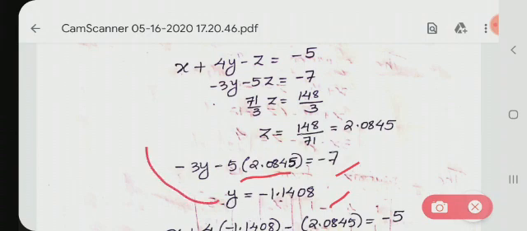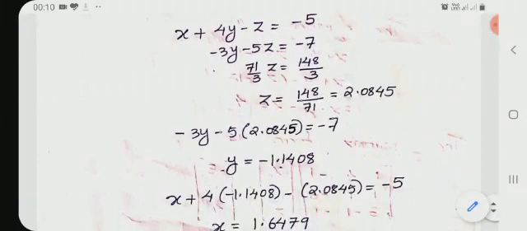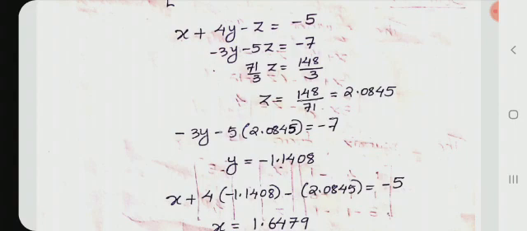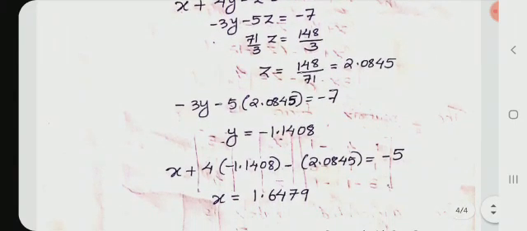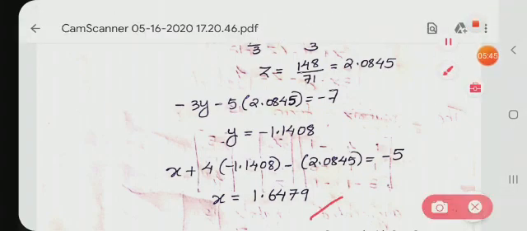Then substituting the values of y and z in the first equation: x plus 4 into minus 1.1408 minus 2.0845 equal to minus 5. Solving, we get x is equal to 1.6479. So the solution to the system is x equal to 1.6479, y equal to minus 1.1408, and z equal to 2.0845.